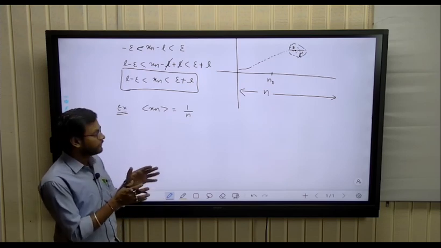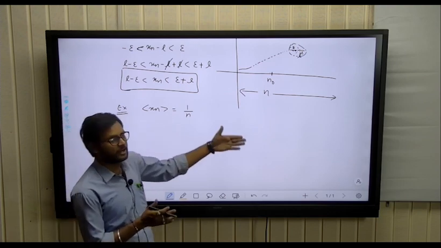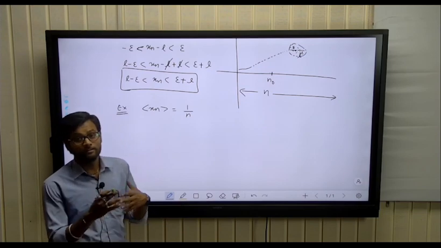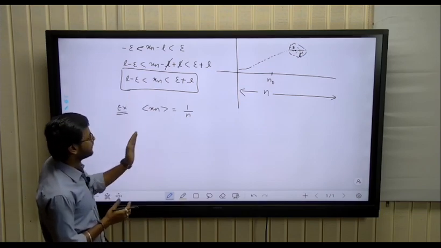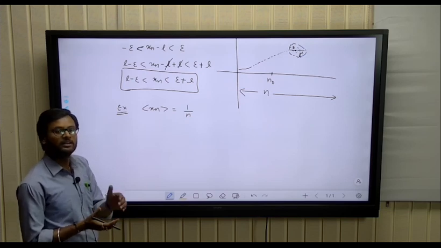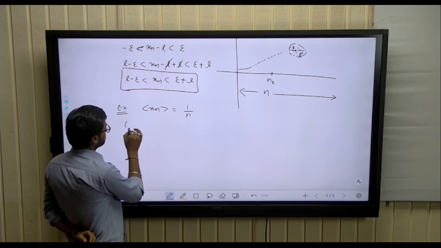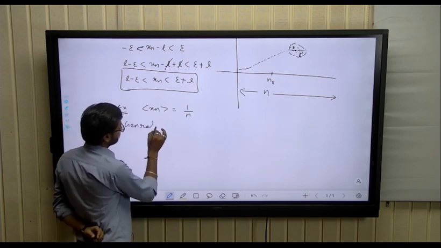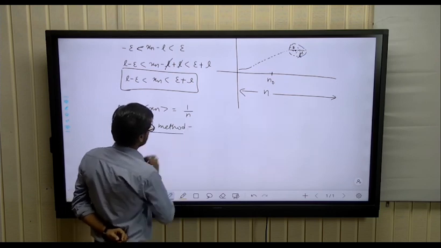First we find the limit of a sequence by the general method, and on the other hand we find the limit of a sequence in the mathematical manner, by the mathematical definition. First we discuss the limit of a sequence in the general method.